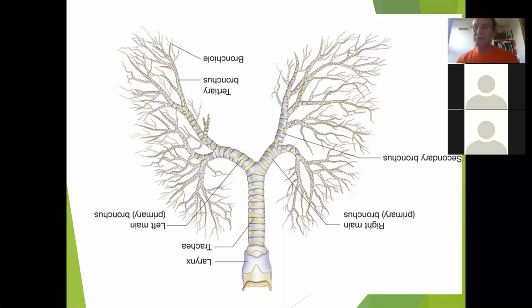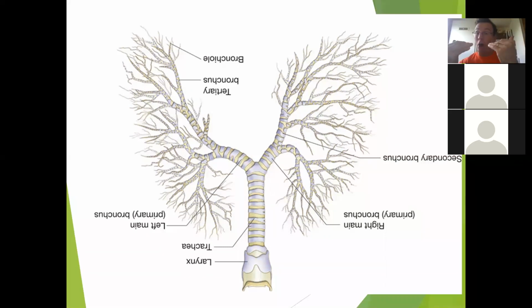That's quite an interesting way of looking at the respiratory tract, because it almost does the opposite of a tree. Trees take in carbon dioxide from the atmosphere and create oxygen, and we take in oxygen from the atmosphere and breathe out carbon dioxide. So it's quite an interesting way to look at that structure.